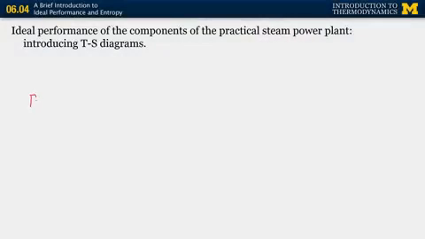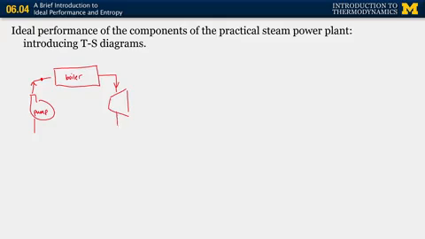So remember the four introductory components to my steam power plant are my pump, where I'm going to take my low energy fluid and increase the energy of that fluid so I can pass that higher pressure, higher energy fluid through a boiler. And then I'm going to take that high energy fluid and expand it through my turbine. After I've extracted the work out of that turbine, I'm then going to condense the steam back to a liquid state, and that connects my cycle.